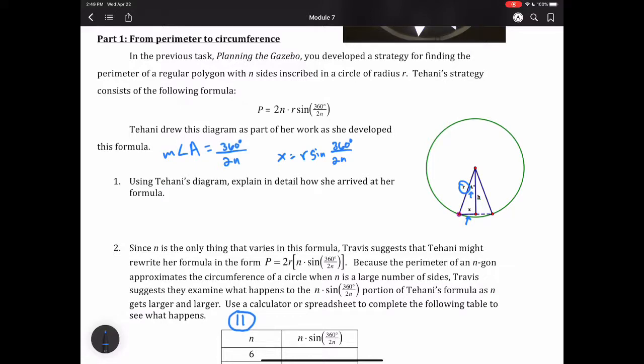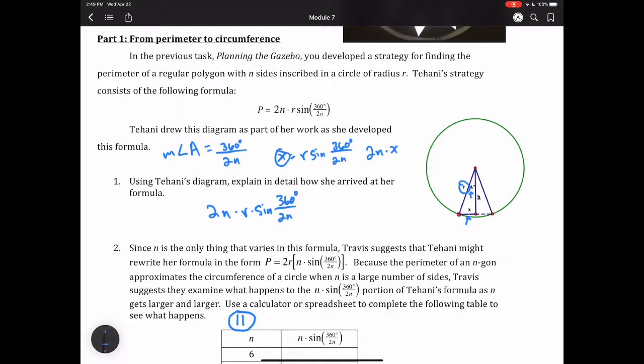Then finally, the perimeter of the actual polygon, whatever the n-gon is, she denotes as 2n times x, where we have n as the number of sides and x as this right here. So we're going to simplify that by writing it out as 2n times r times sine of 360 degrees over 2n.